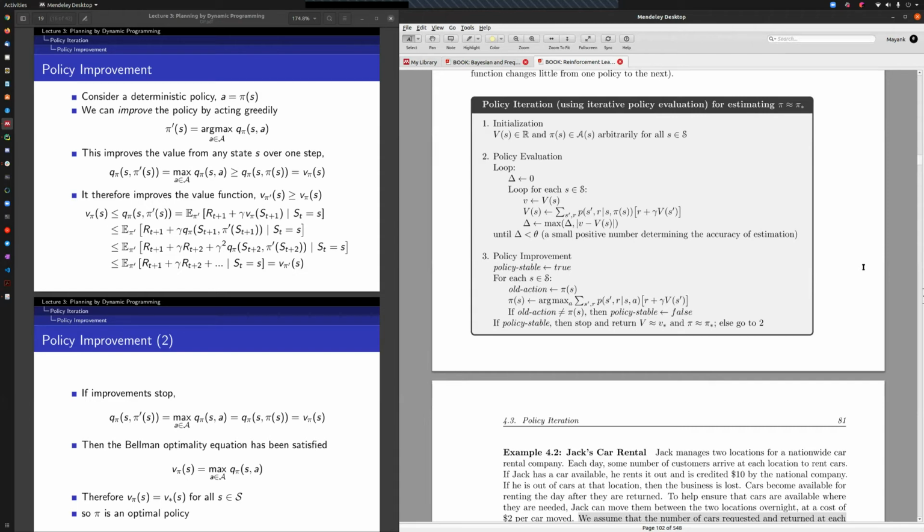If two actions lead to the same value, then the policy is not improved, and we can count it as stable, right? But we need some sort of priority in this case, for which action.